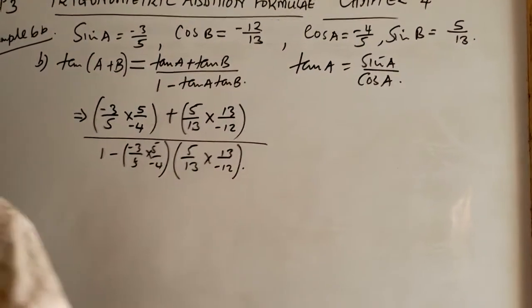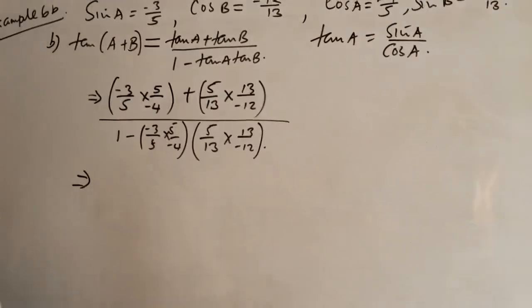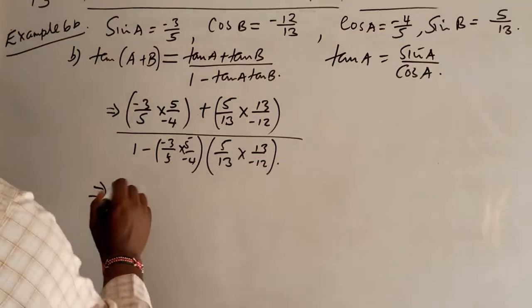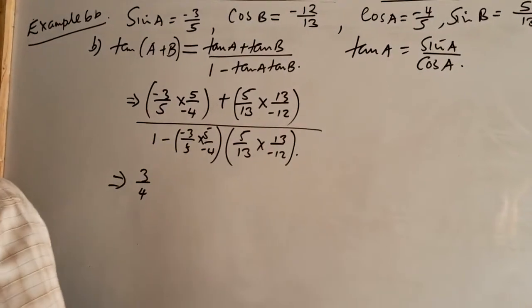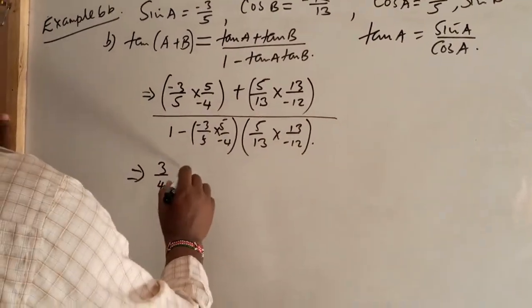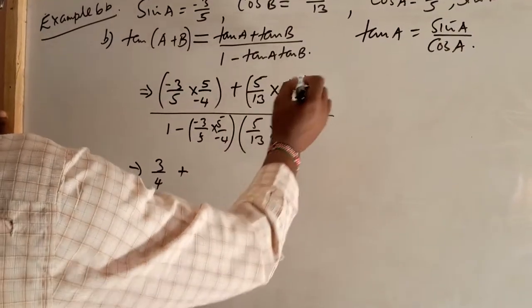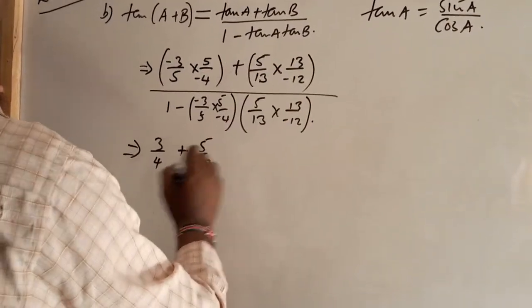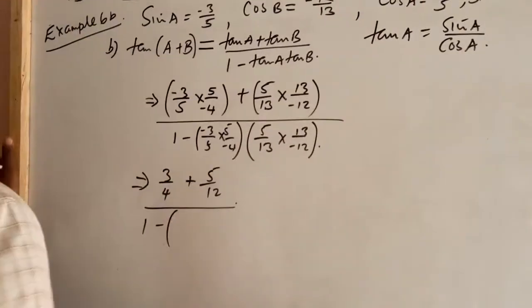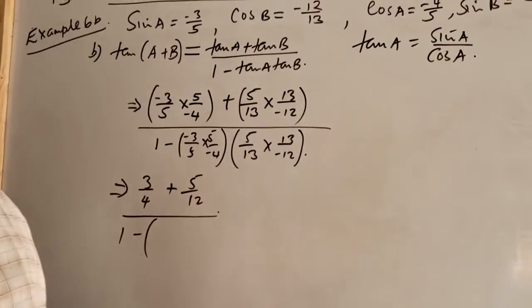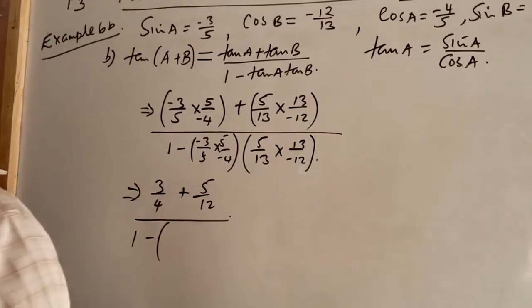If we evaluate this, we are going to have at the numerator 3 out of 4, because 5 and 5 will cancel out, and of course plus 5 out of 12, all over 1 minus, let's see what is going to be realized in the bracket.